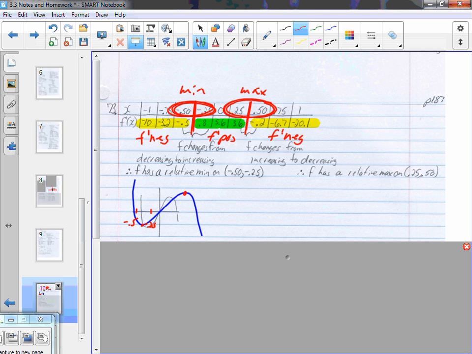There's my maximum. So I need to have 0.25 to the left of it and 0.5 to the right of it. But that's the best I can do. Hang on. All right. Make sense?